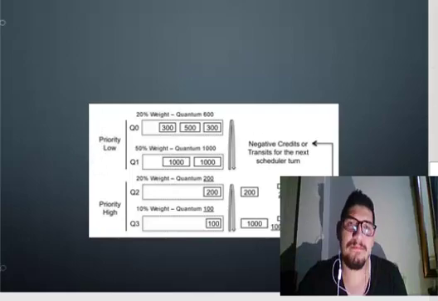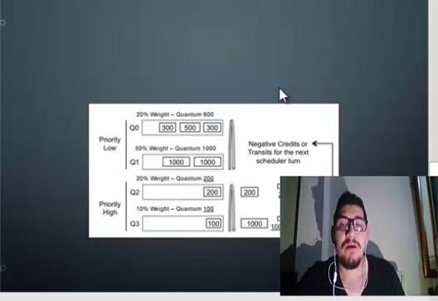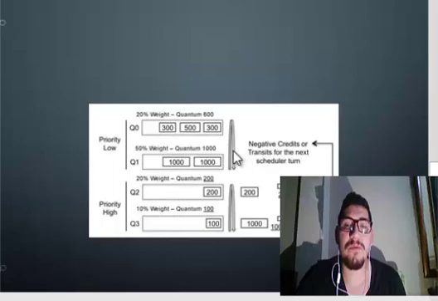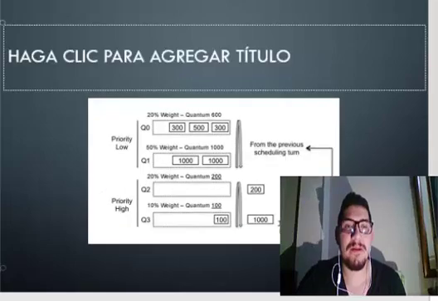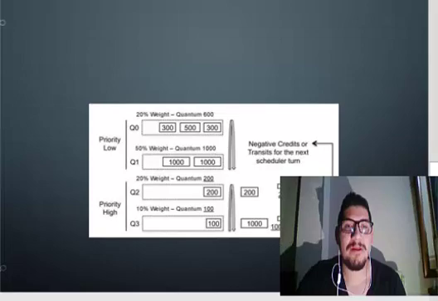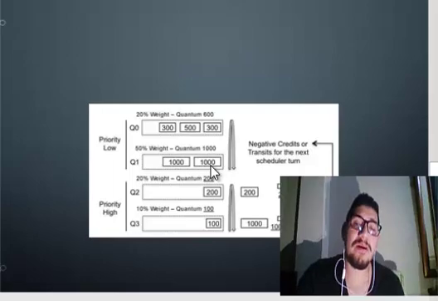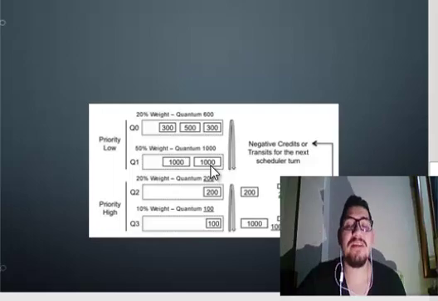Now in the low priority, we have two queues, Q0 and Q1, of which we will first transmit Q1 because the weight is greater than Q0. As we see, Q1 has a 1,000 packet and the quantum is the same, 1,000, and we can transmit it, leaving credit equal to 0.